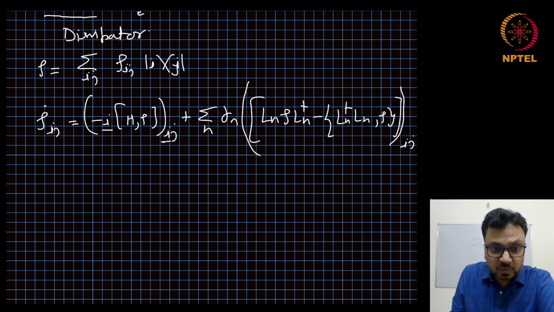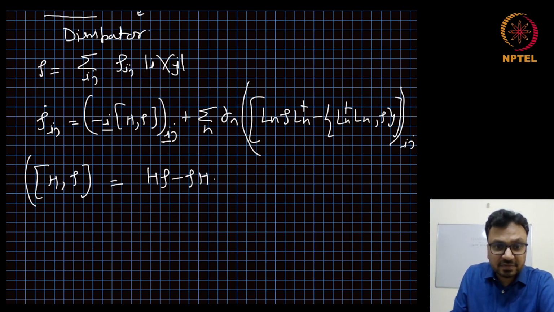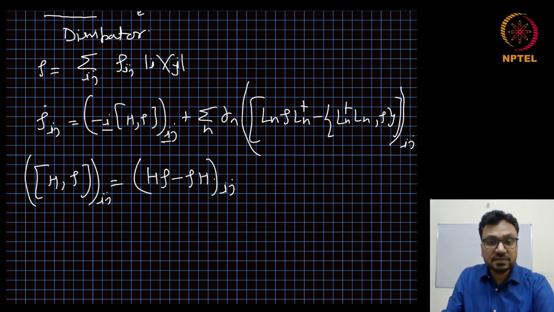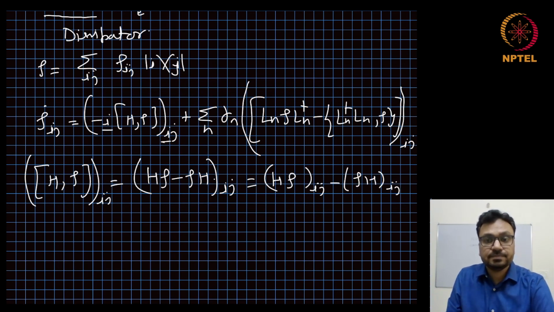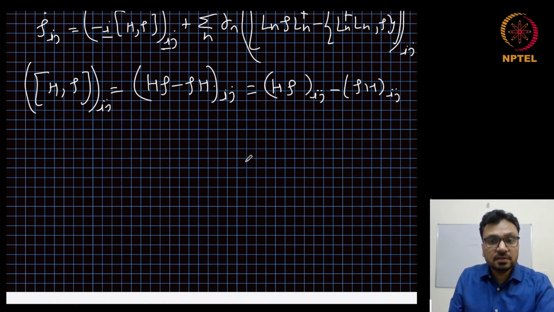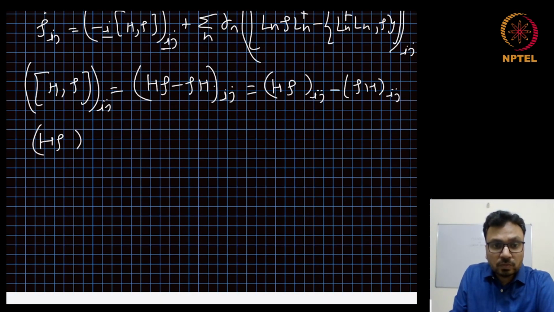So let us start with the first one. Let us say we have the commutator of H and ρ, which is Hρ minus ρH, and the ijth element of that will be the ijth element of Hρ minus the ijth element of ρH. Now the ij element of Hρ is sum over k of Hik ρkj.